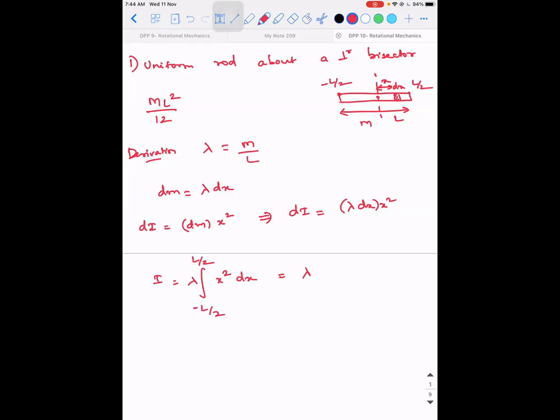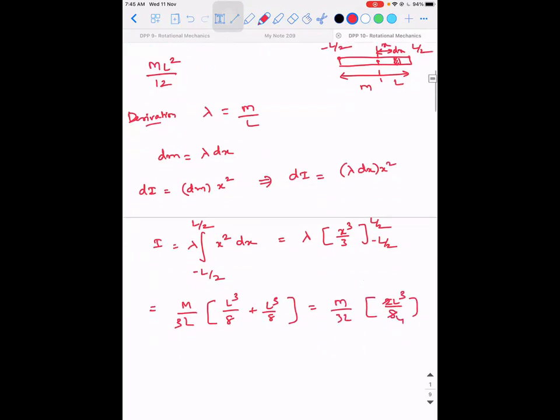So lambda into integral of x square dx is going to be x cube divided by 3 from minus L by 2 to L by 2. So lambda is m by L. Actually, that 3 will also come out into L cube divided by 8 plus L cube divided by 8. So this will be m by 3L into 2L cube divided by 8. It will get cancelled. So L will cancel, and the 2 also.